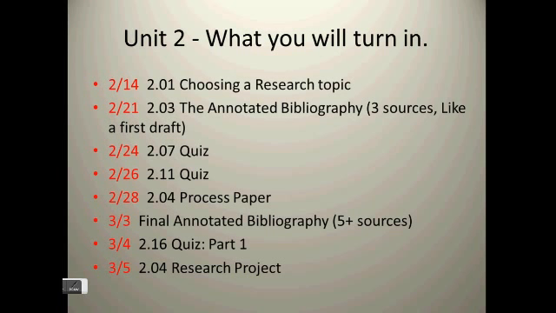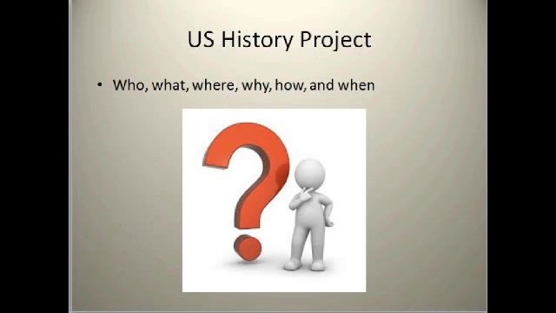You're going to be taking two quizzes, and then the process paper, which is a short explanation of how you went about your research. The final annotated bibliography, which should have five or more sources, including some primary sources. Then you take a quiz, and the research project itself, the whole enchilada, is due on the 5th of March. So send me a K-mail if you have any more questions.